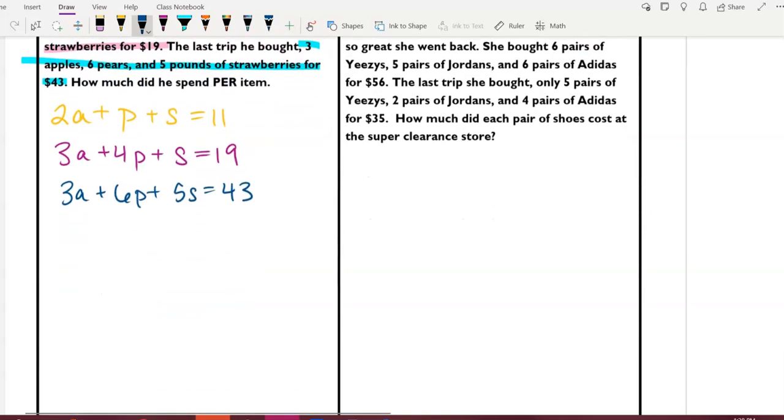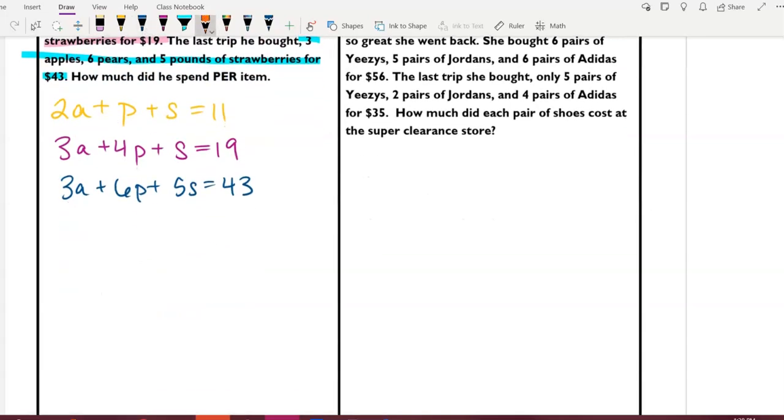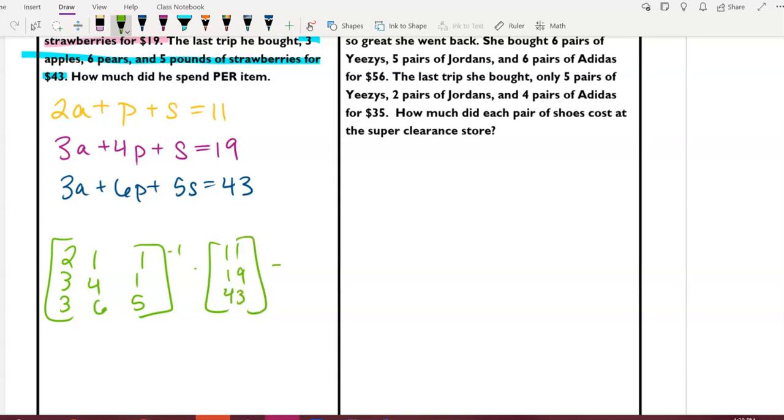How much did he spend per item? Well, we're going to fill out the matrix and find out. So if we write in the matrix, ooh, that's way too small. We put all our coefficients, the constants, and we will get our answer. As long as you type this in correctly, you'll get the correct answer. Again, I'll let you do that on your own.